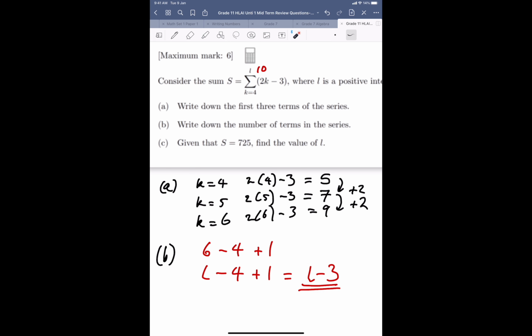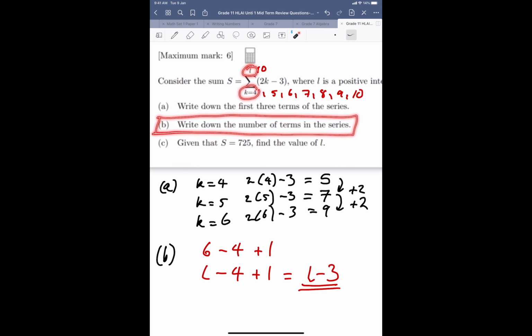And now try it. K equals 4, k equals 5, k equals 6, k equals 7, 8, 9, 10. 1, 2, 3, 4, 5, 6, 7. Yes. All right. So B, you had to write the answer for this in terms of L and 4. Okay. So that answer is L minus 3.